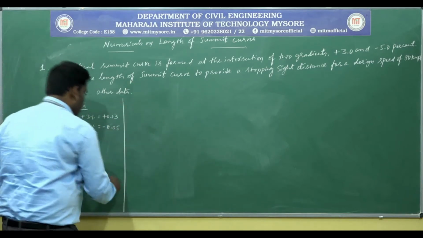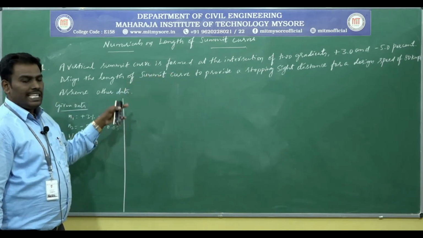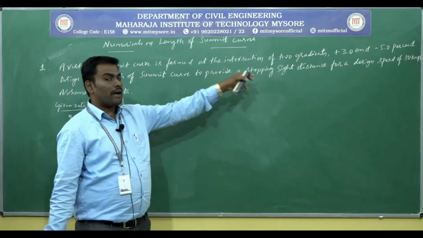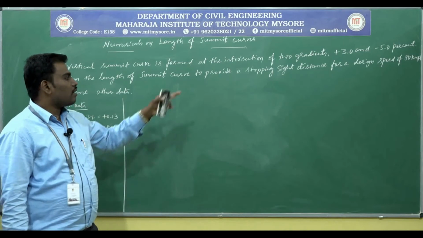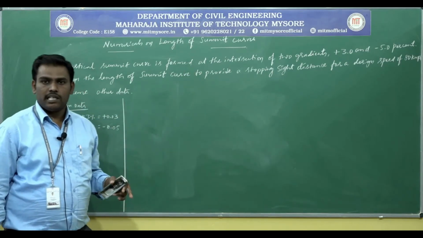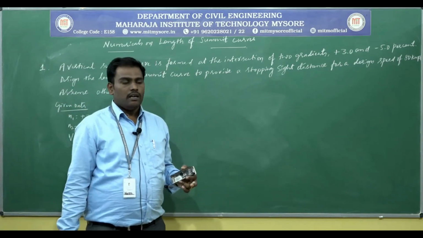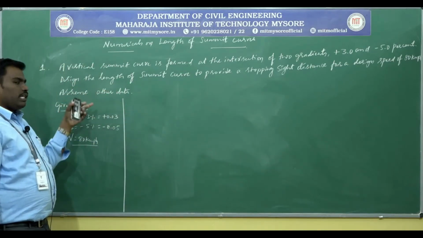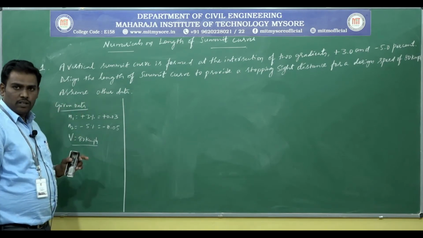You may observe here, they are asking you to design the length of summit curve to provide a stopping sight distance, but they are not giving the value of stopping sight distance. They have given the speed of the vehicle and included in the problem statement, assume other data.